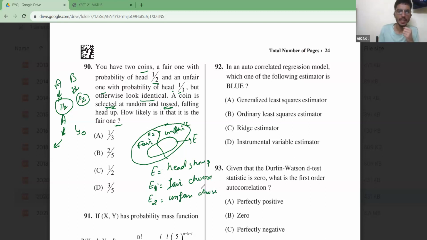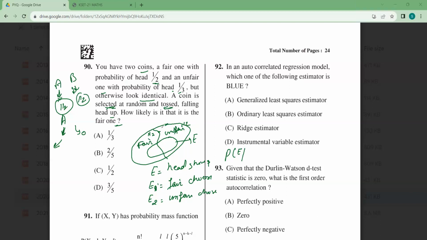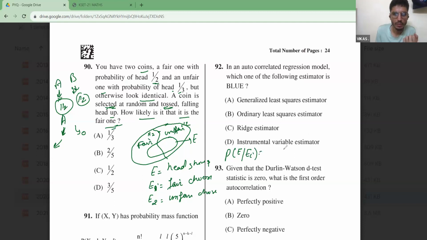If you try to apply Bayes theorem, they are asking: given that head is showing, what is the probability that it is the fair coin, that is, E1?